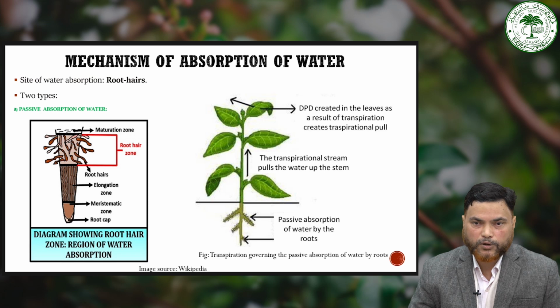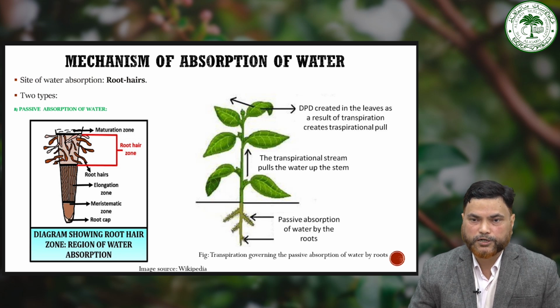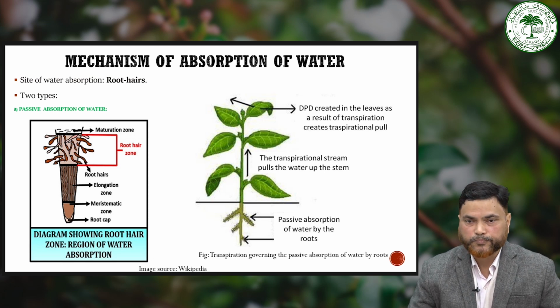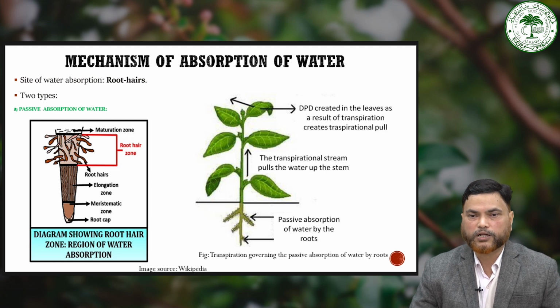So passive absorption of water operates along a diffusion gradient from areas of low diffusion pressure deficit to areas of high diffusion pressure deficit. Therefore, it does not require expenditure of energy. 98% of the total water absorption occurs by this pathway, that is passive absorption. So it is considered as the primary pathway for water uptake in plants.